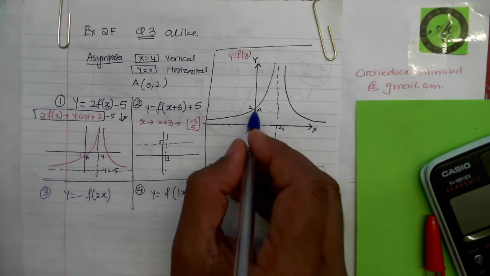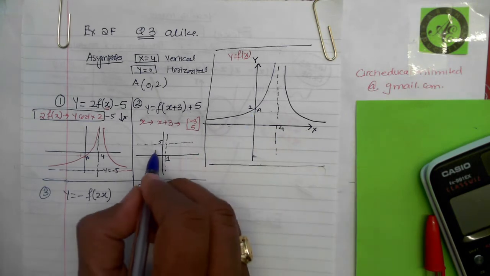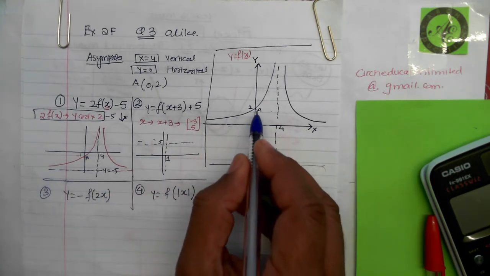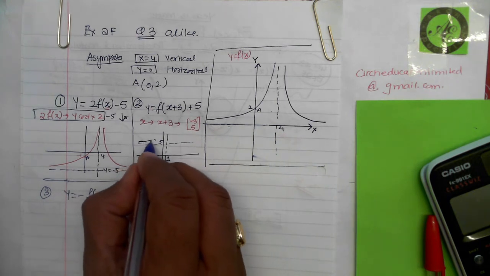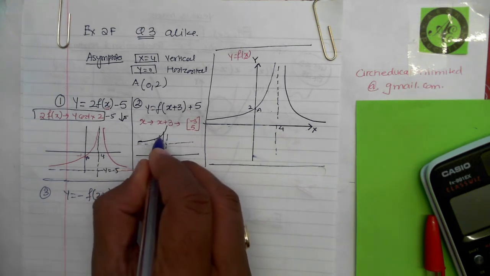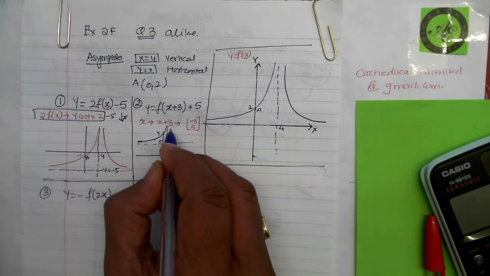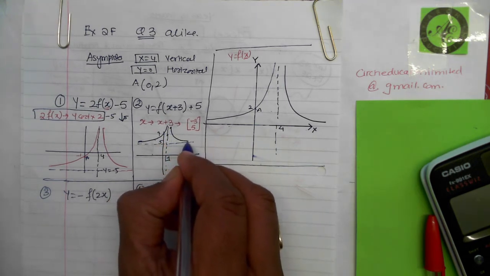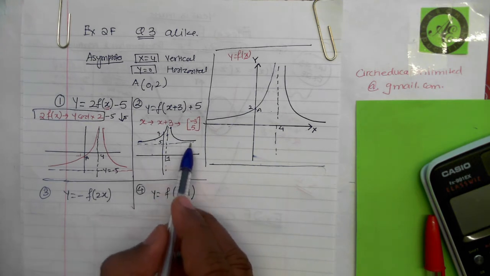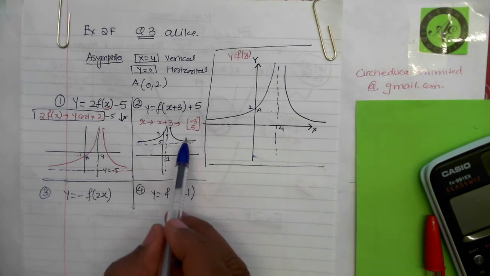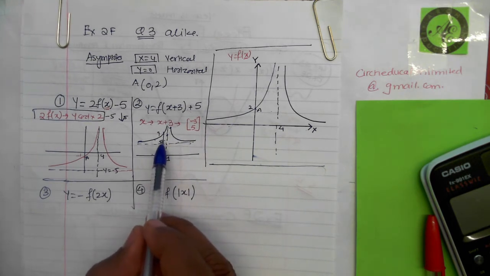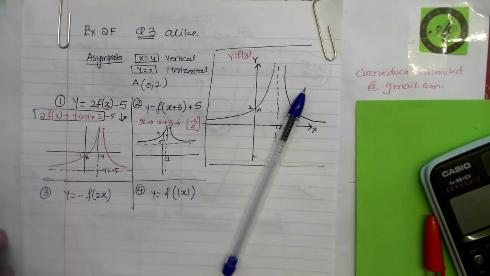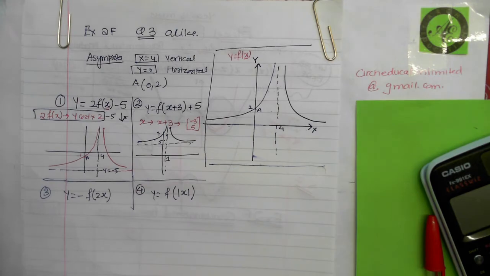That's important, because this will be minus 3 somewhere, and it will be crossing the y-axis on 2 add 5, 7. So guys, this will be the graph. This is 7, and the graph will be this. The horizontal asymptote shifted 5 up, the vertical asymptote shifted 3 left, and the point here goes from 2 up to 7. Okay, try and do these 2 now one by one.